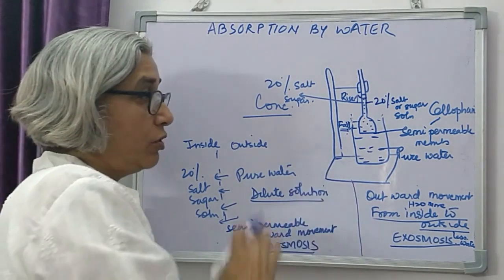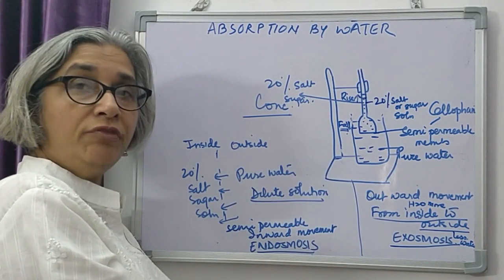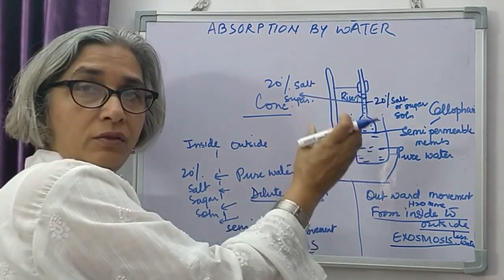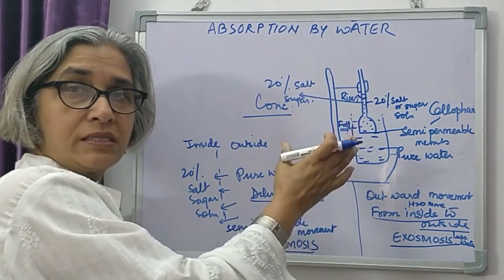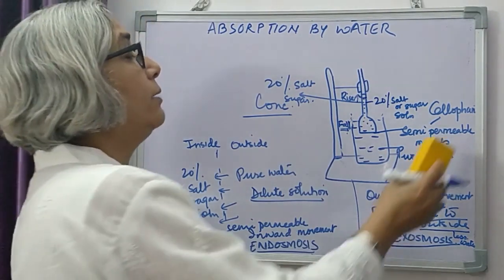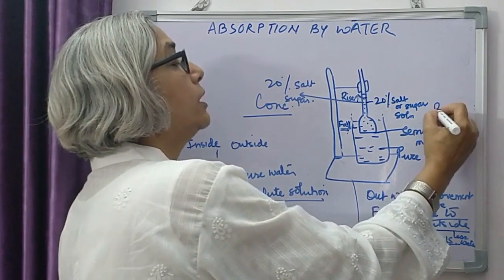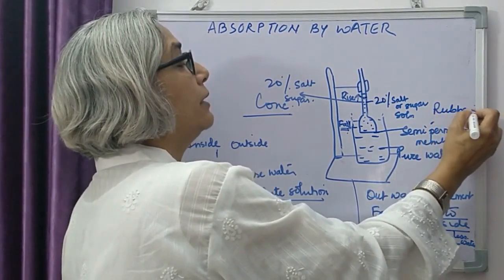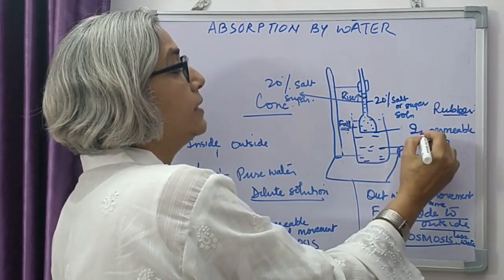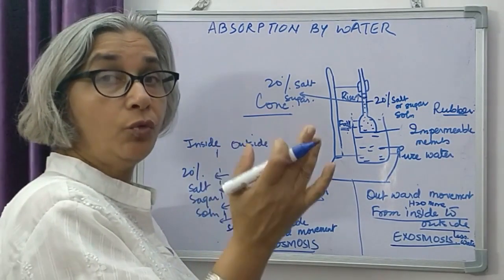Now, this experiment on osmosis that I have explained, we can see different modifications in this. So, instead of drawing new diagrams, I will explain those different situations in this setup, this diagram that I have drawn over here. In place of cellophane paper, if we use a rubber membrane or a rubber bladder, rubber is impermeable, means it does not allow the movement of anything through it.